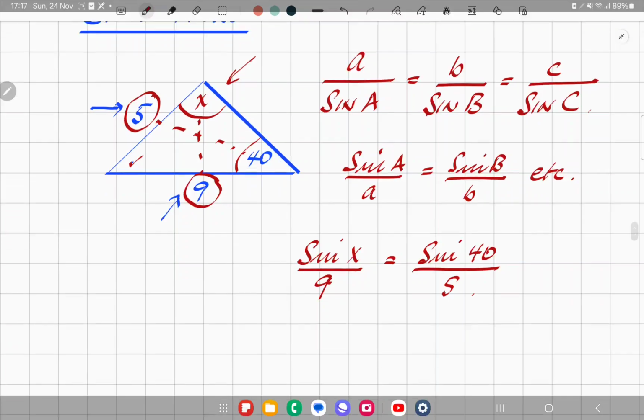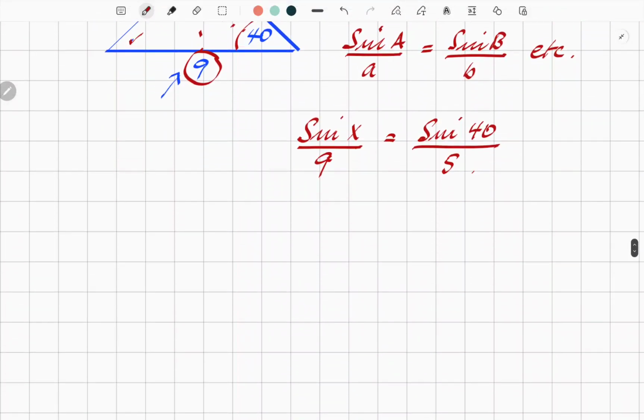So rearrange that a little, like that. Can you see it for the reflection? Is that right? Yeah, that's right. And so let's work out what this is first. So 9 divided by 5 times sine 40.